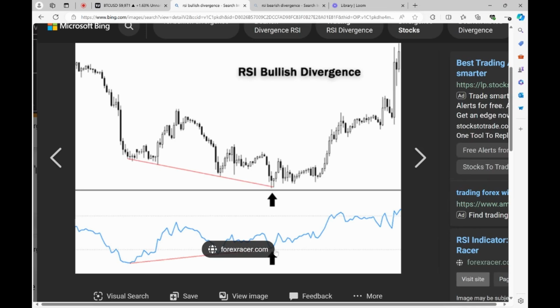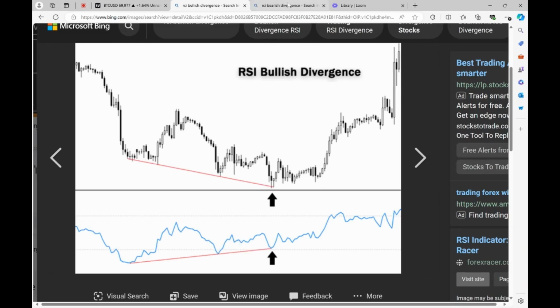When that happens, when the RSI is in an uptrend but the price is in a downtrend, that shows us that although we're currently in a downtrend with the price, the momentum of that trend is slowing down. And that can tell us that there's a possible reversal coming up, which is what we see right here as it continues into an uptrend.